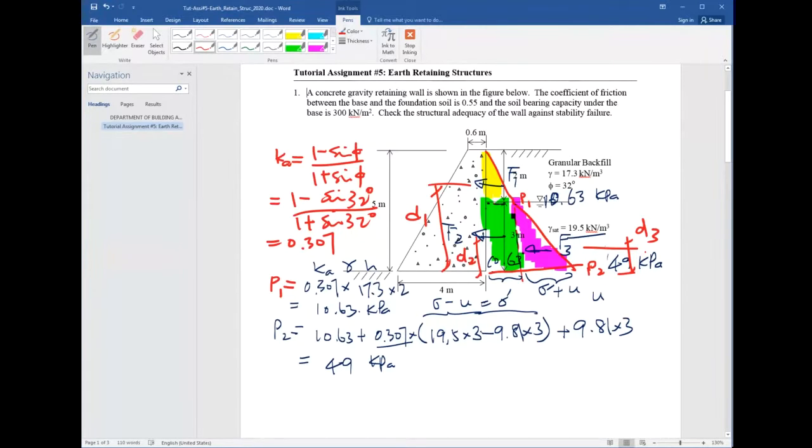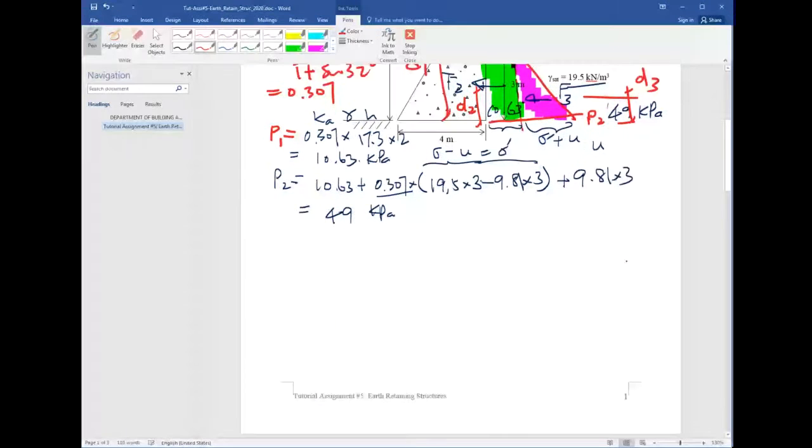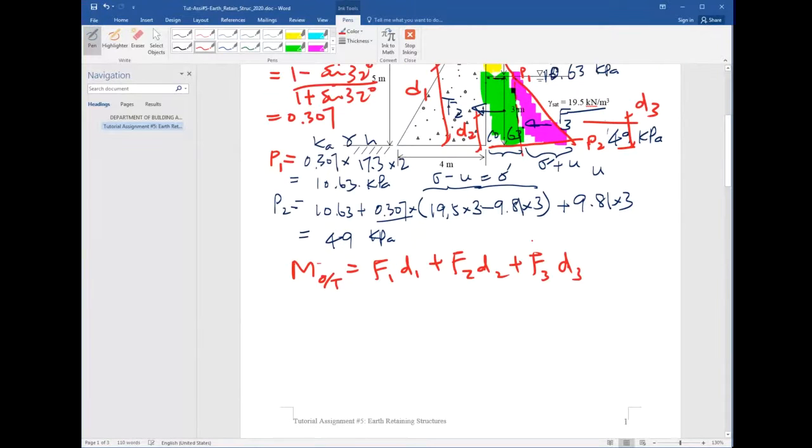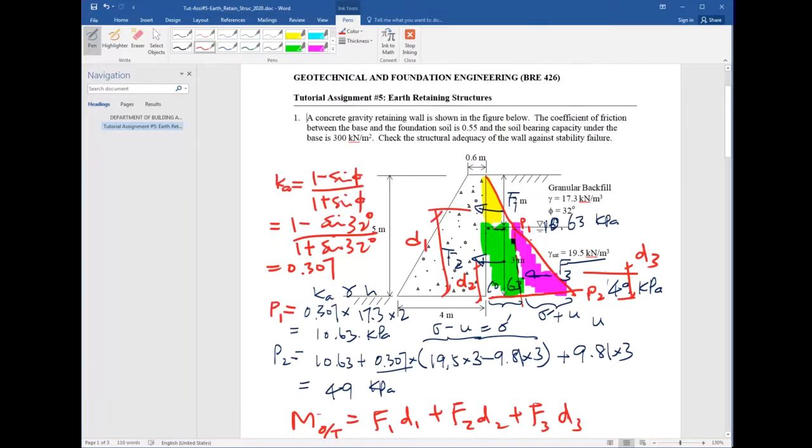Now that's the overturning forces, right? Okay. So can you work out the overturning moment? F1 D1 plus F2 D2, F3 D3, right? Now it's not that difficult, right? What's the D1? It's very easy, right?